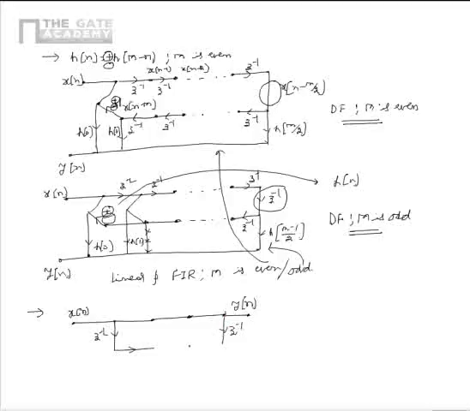Please note that the delayed signals are weighted by A1 and A2 as shown in the figure. Now it is given that the structure shown corresponds to a system function of 1 minus z inverse divided by 1 plus z inverse. We need to find the values of A1 and A2 from the figure given.